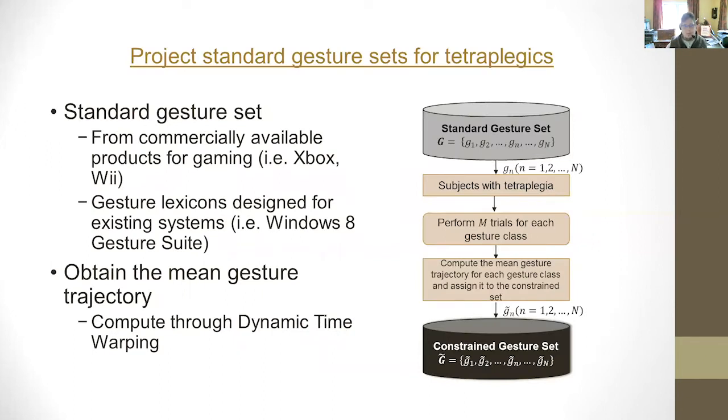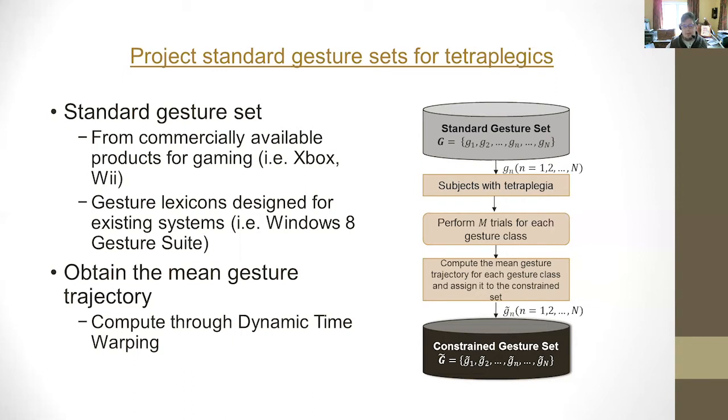What we did was we took a standard gesture set, such as for Xbox and Wii or Windows. We took these commands and then we looked at the unique features of movements using Laban theory of movement for a group of individuals with upper limb mobility impairments, which is tetraplegics due to spinal cord injury.